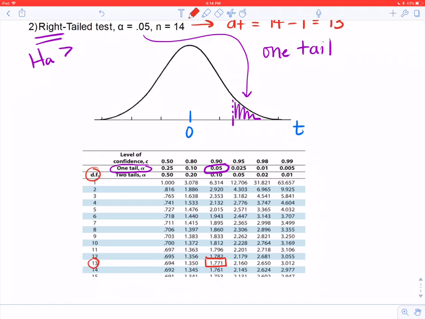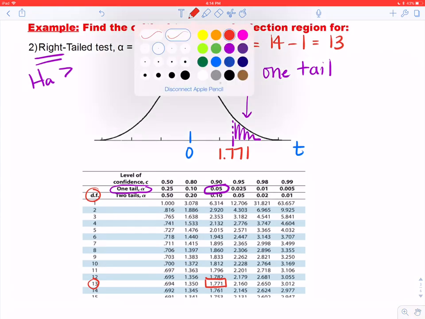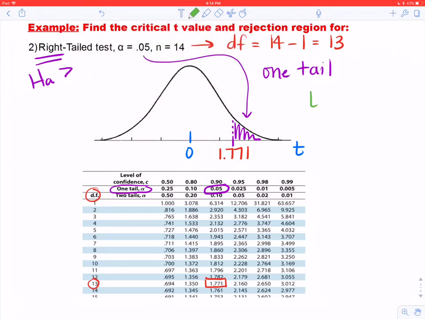For a right-tailed test, you will have a positive critical value, so I can take it just as it is in the table for this right-tailed test. All right, and again, just clarification, critical value would be the 1.771. The rejection region, what is shaded, would be anything greater than 1.771.